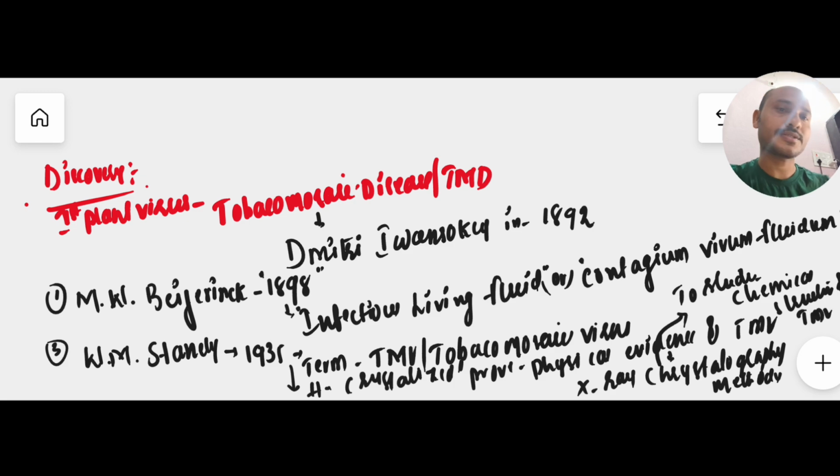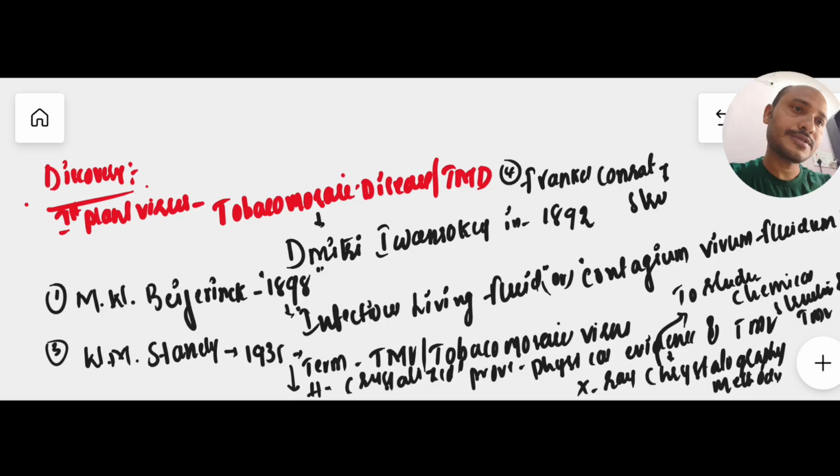There is one more scientist, Frankel Conrad, who studied the structure of tobacco mosaic virus. Its structure is nucleoproteinous, made up of nucleic acid, that is RNA, and protein called the capsid. The capsid is made up of small subunits called capsomers.